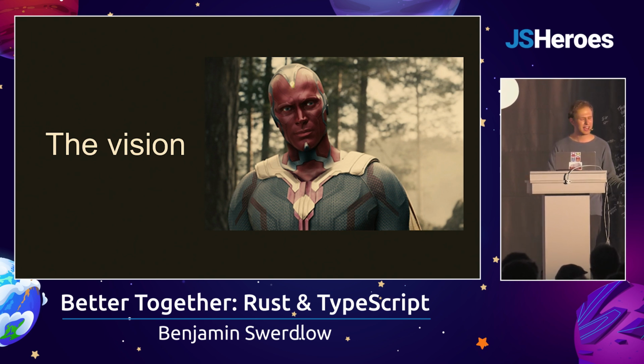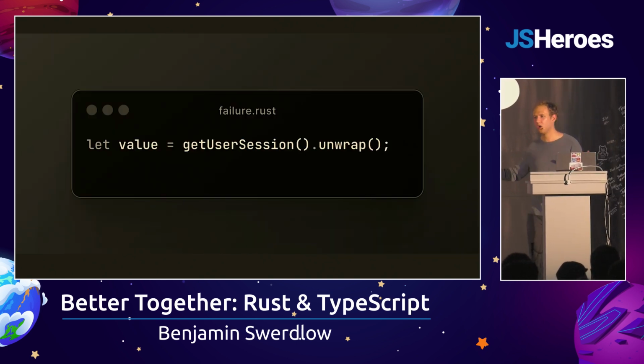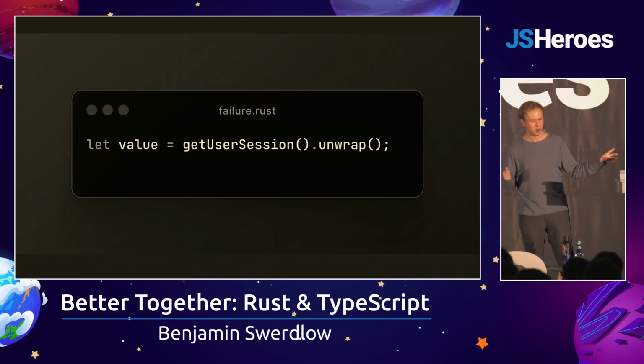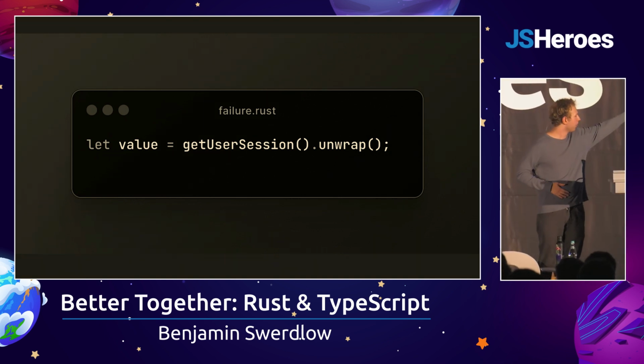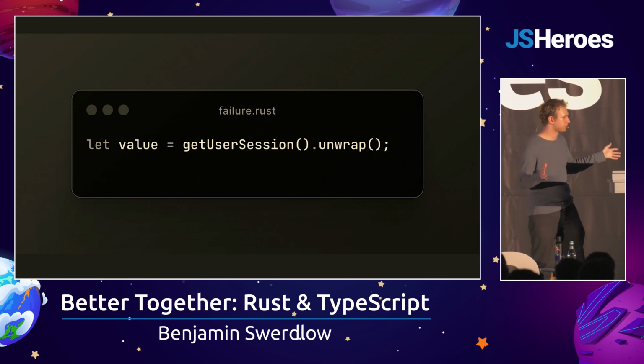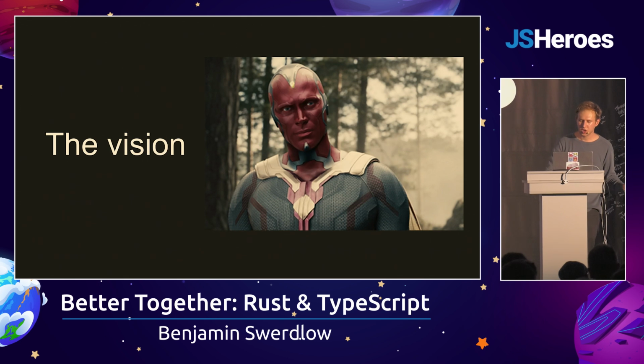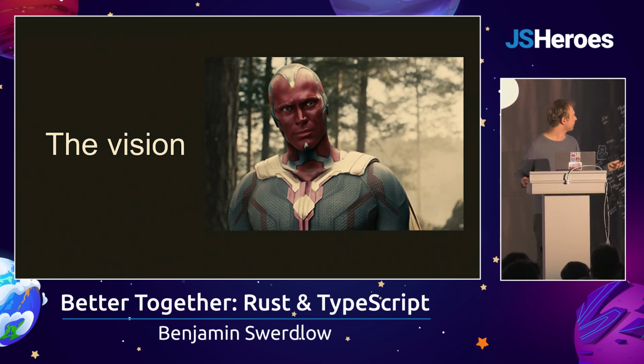But that's not actually true. For all that cool stuff I was talking about Rust, I can pull the fire alarm and blow up the whole program with this one line. This is all it takes for me to, if there's an error here, the whole thing shuts down. So there's a time for Rust, and there's a time for all these languages.